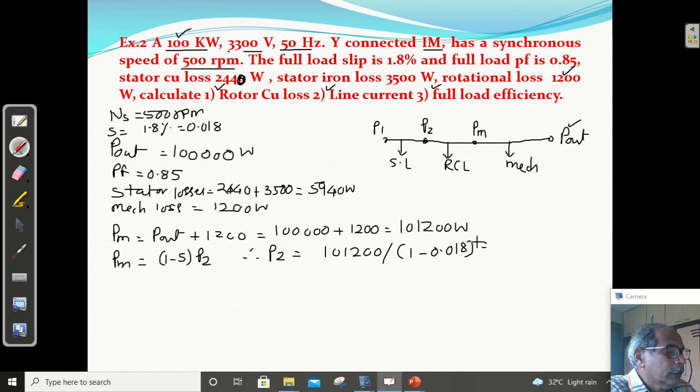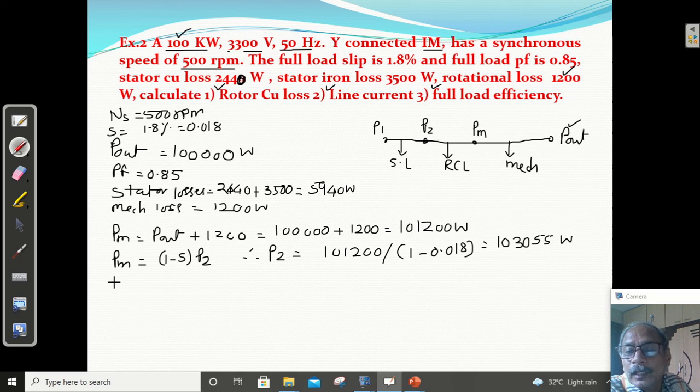So we will get P2, the input to the rotor, equal to 103055 watt. So we got P2.